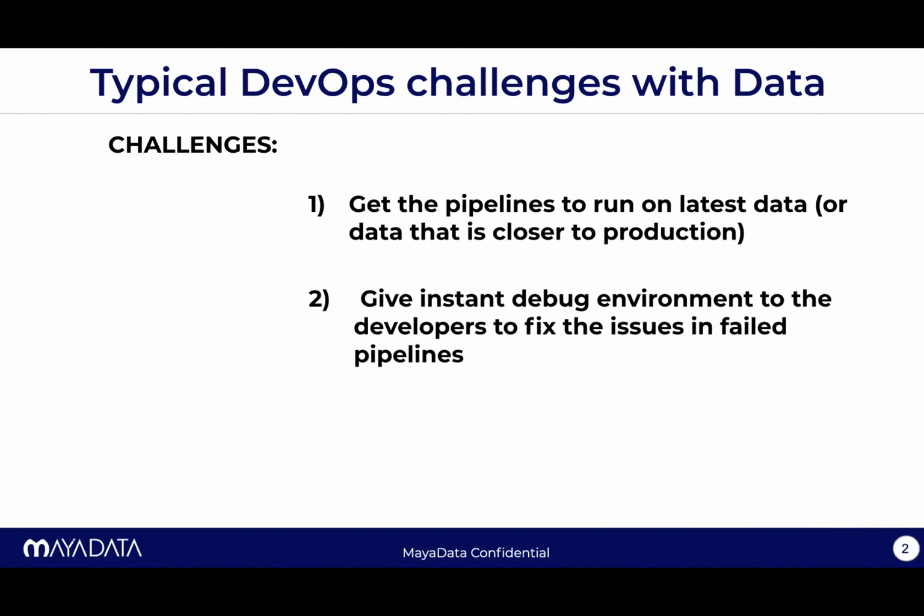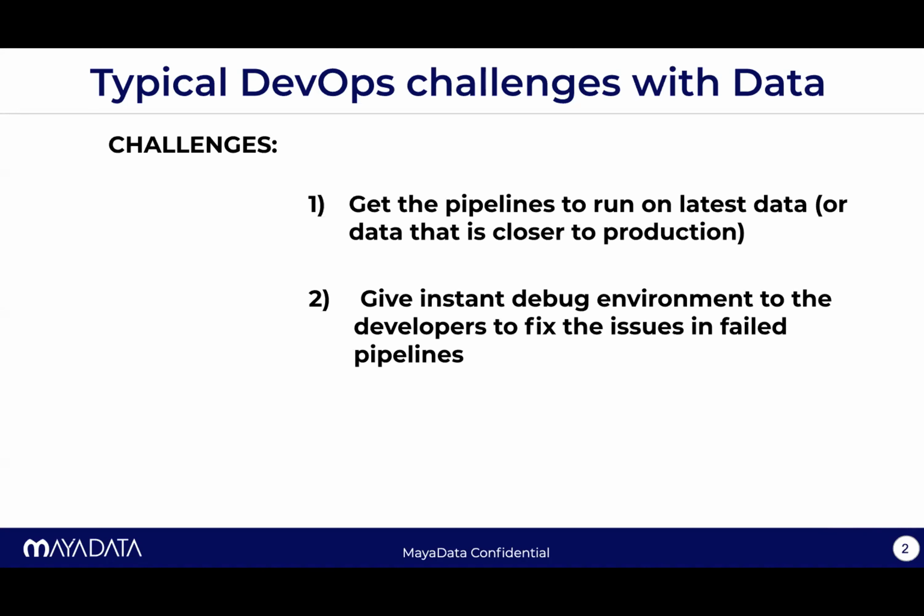The second one is that developers spend a lot of time coding, and then when something fails, obviously, it's something that they have not tested using their development test cases, unit testing, integration testing. The pipeline really failed, most likely because it is working on the latest data.